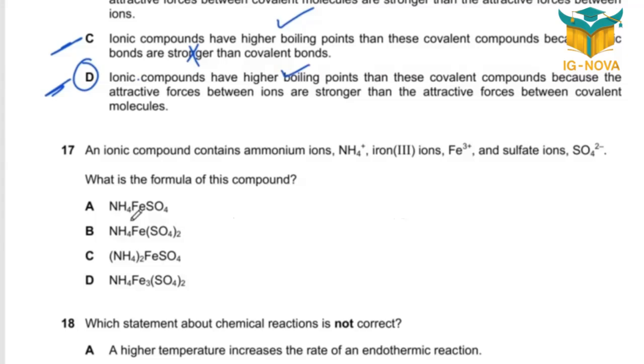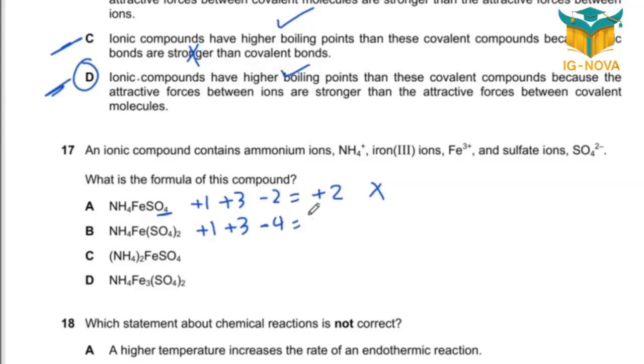I have 1 NH4, so plus 1, 1 iron, plus 3, and 1 sulfate, minus 2. Altogether is plus 2, which is wrong. By then I need 0. Here, 1 ammonium, 1 iron plus 3, and 2 sulfates, minus 4. This is all 0. Accepted.